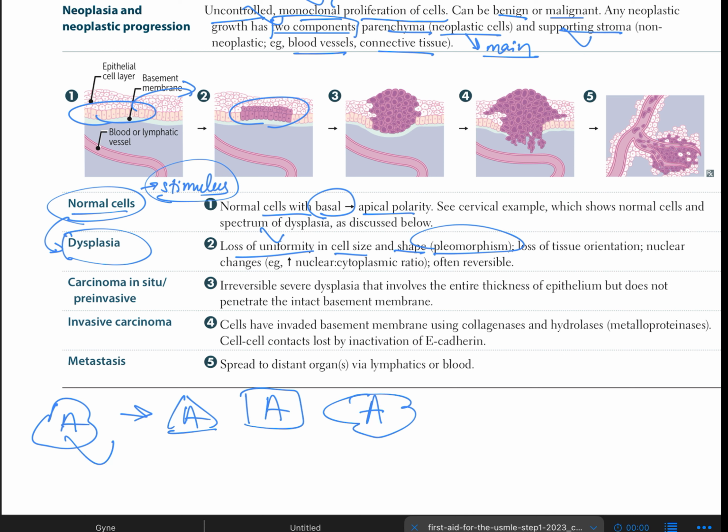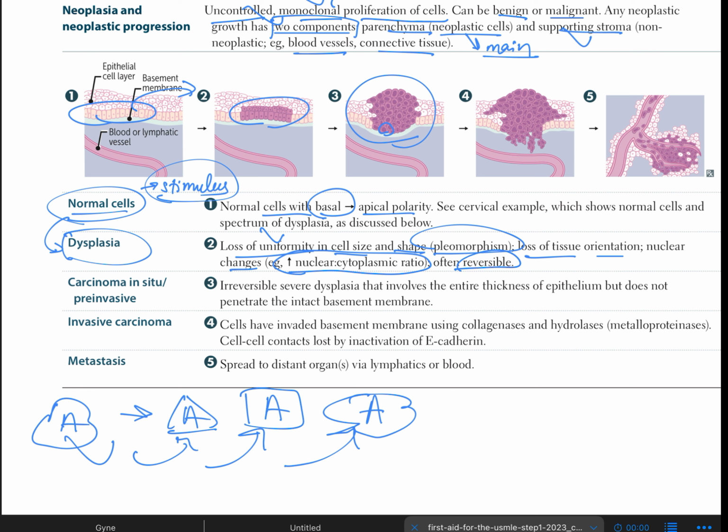The cell is the same, but under a different condition it takes different shapes. This pleomorphism involves loss of tissue orientation and nuclear changes. In normal cells the nuclear and cytoplasmic ratio is normal, but in dysplasia the nuclear and cytoplasmic ratio will be increased. The nucleus is so big, fitted in the cytoplasm.